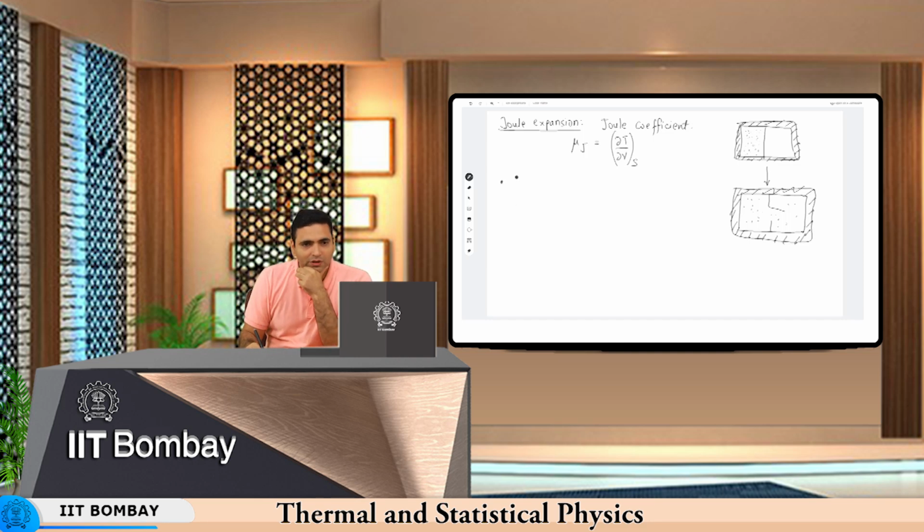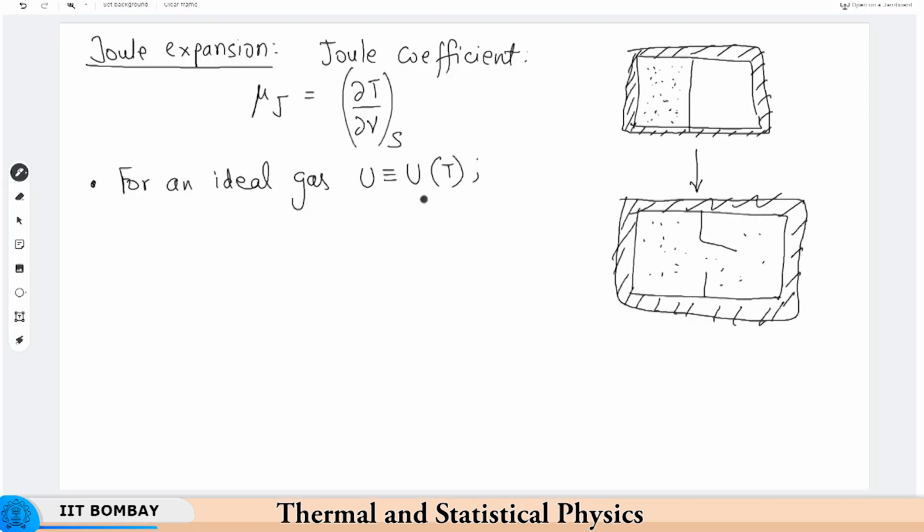So for an ideal gas, since u is only a function of temperature, del T by del V, the temperature being a measure of the internal energy, is 0. Therefore, the Joule coefficient for an ideal gas is 0.